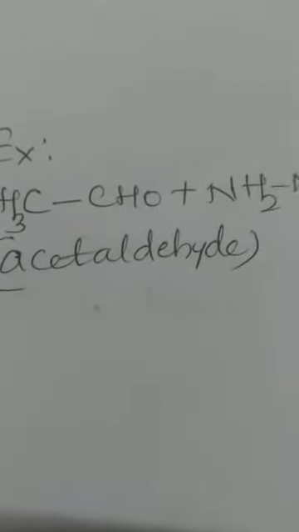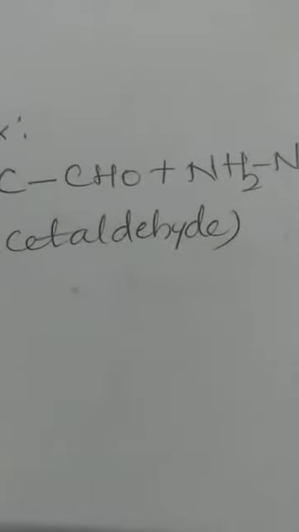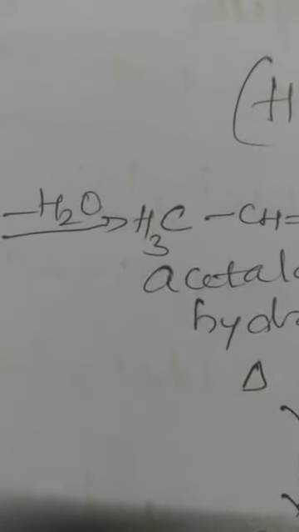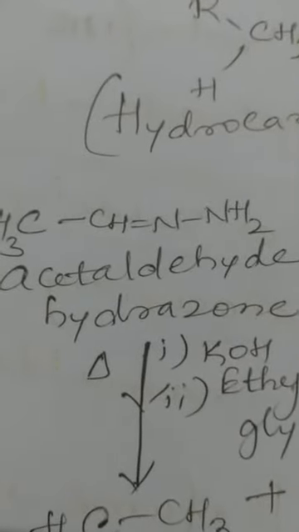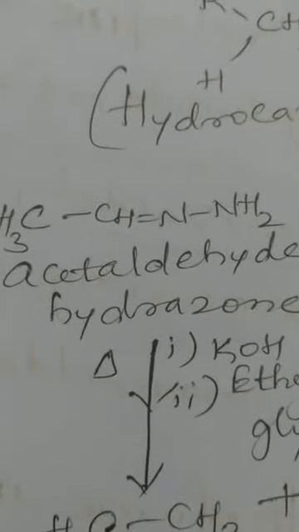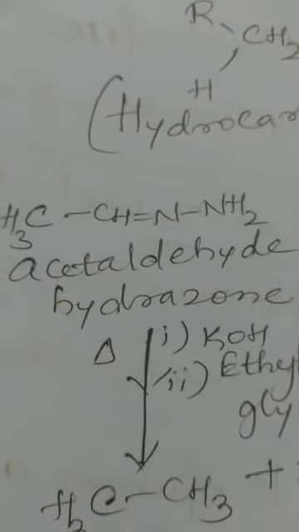So this is the Wolff-Kishner reduction. To give one particular example, I will take acetaldehyde. CH3CHO is acetaldehyde. Acetaldehyde reacts with hydrazine, NH2 single bond NH2. There is elimination of water, and you will get the corresponding hydrazone, CH3CH double bond N single bond NH2, which is nothing but acetaldehyde hydrazone.